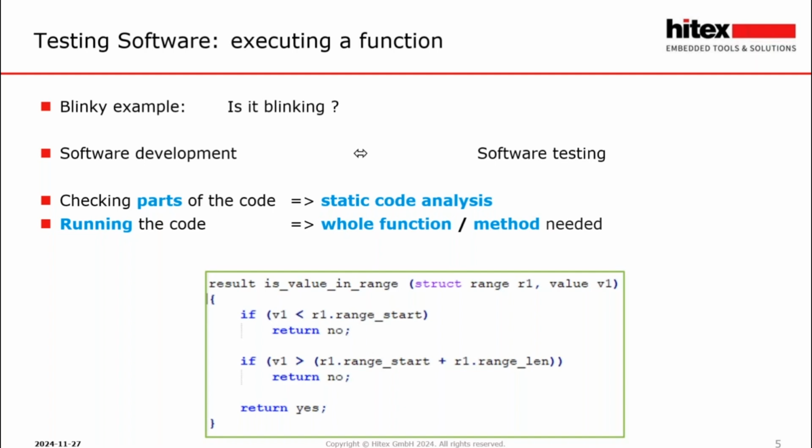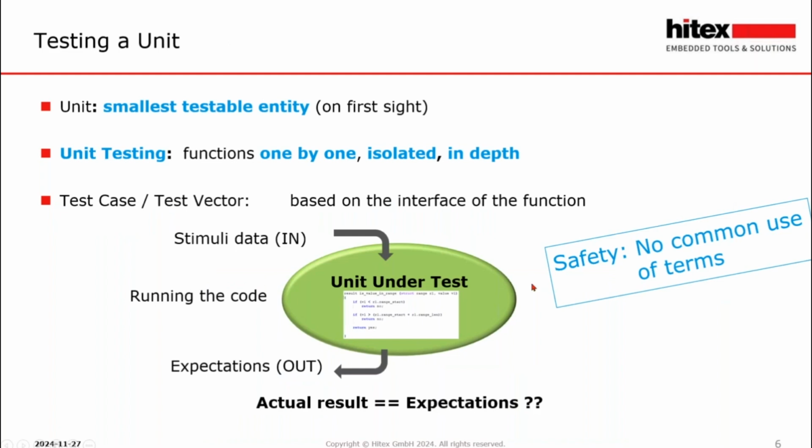For C and C++, it's a function, a method. I will refer to C, but anyhow, we can have C++. Okay, smallest testable entity, we assume now this function is value in range here.